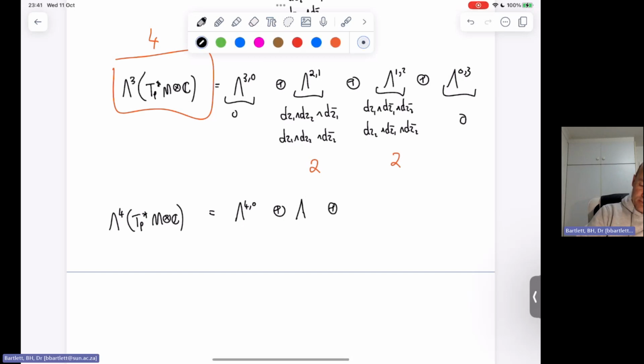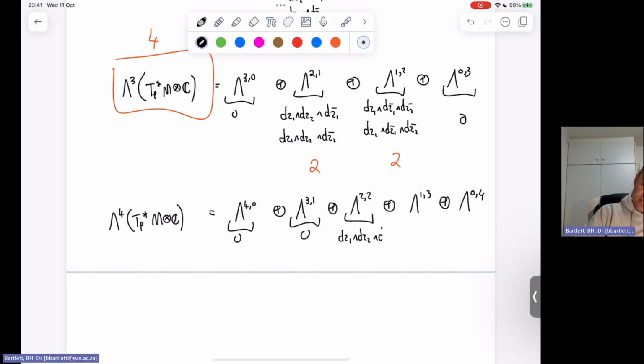Sorry, 3,1. 2,2 is not 0. 1,3 is going to be 0, and 0,4 is 0. This is a 1-dimensional space, and it's going to have a basis given by dz1 wedge dz2 wedge dz bar 1 wedge dz bar 2. The others are zero-dimensional spaces.